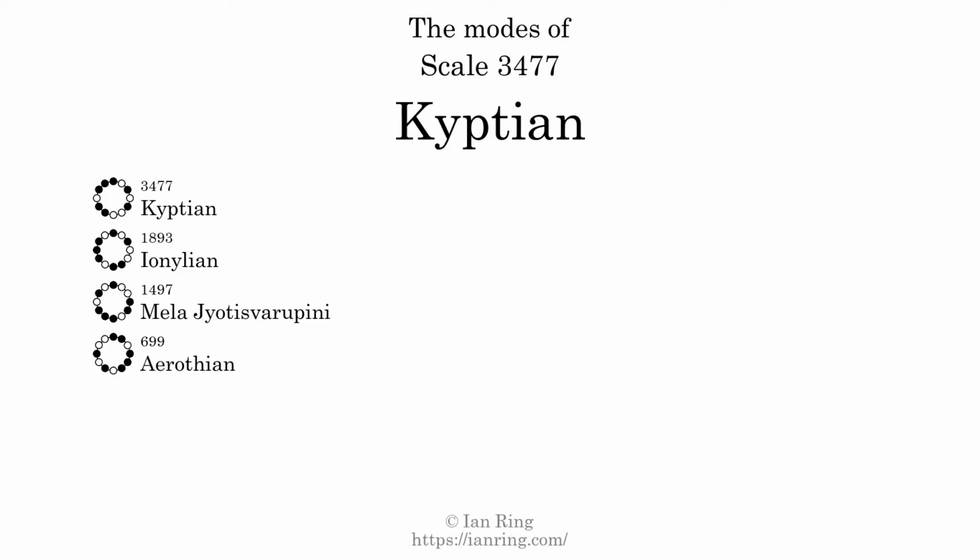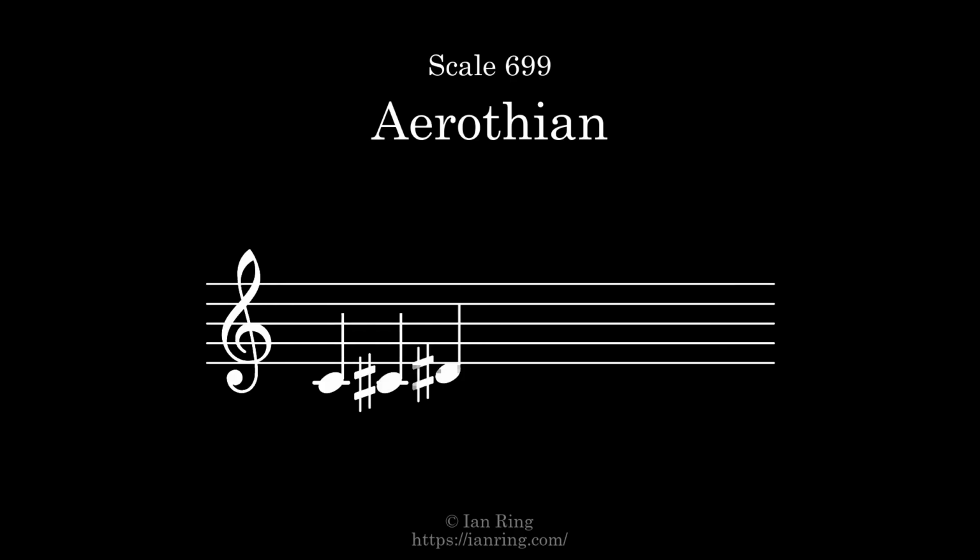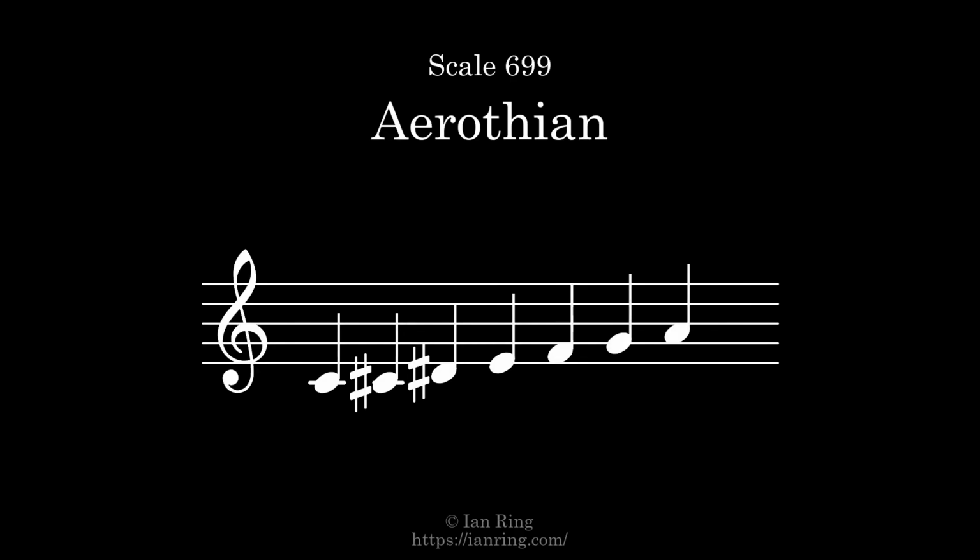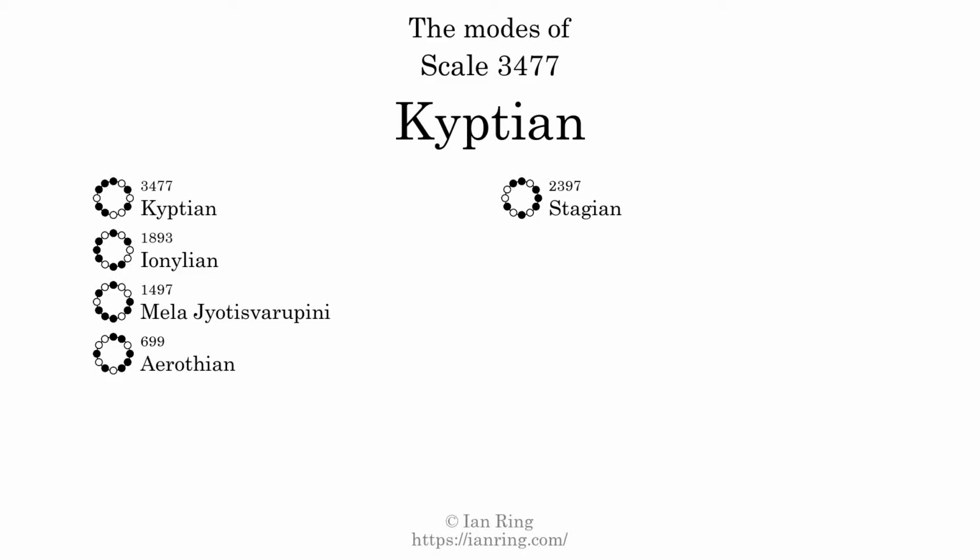The fourth mode is scale 699, also known as Erothian. It sounds like this. The fifth mode is scale 2397, also known as Stygian. It sounds like this.